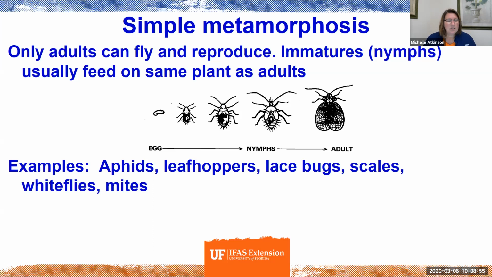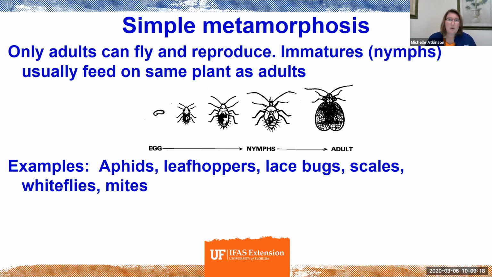But this slide is actually talking about the simple metamorphosis. So remember, we have simple and complete. Simple is really only 3 stages. There's the egg, there's the nymph that looks very much like the adult with some minor changes, and then the adult. So simple, they kind of look the same, where complete, they look totally different.